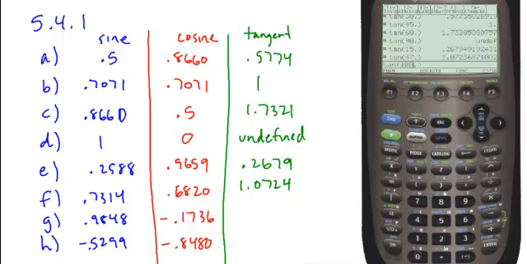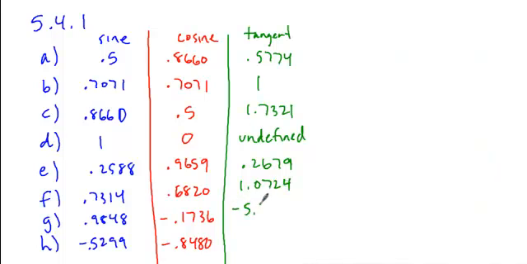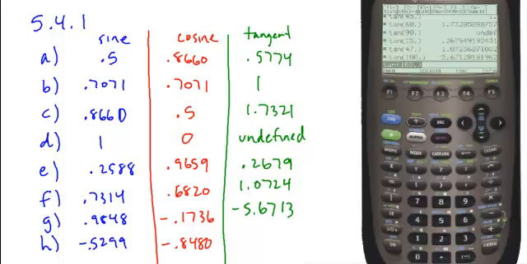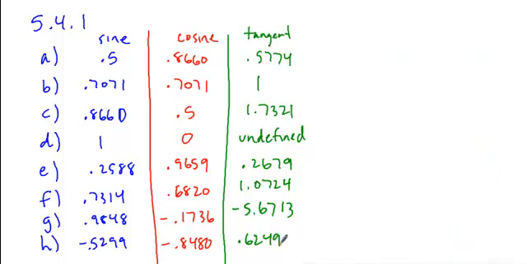For 100 degrees, negative 5.6713. And finally, for 212, it is 0.6249. And so those would be your calculated values.